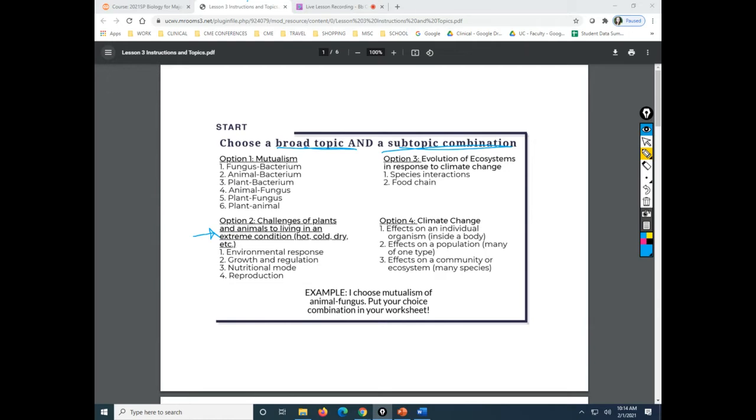So we see I have 3 options here, which is just how scaled or how big I want to look at this. I can look at an individual. How does it affect a single individual inside the body? A population, remember, that's many individuals of one type. So how does climate change affect red deer?